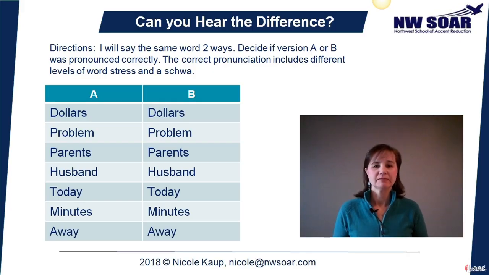Column B, dollars. The second one, problem. Problem. The third, parents. Parents.